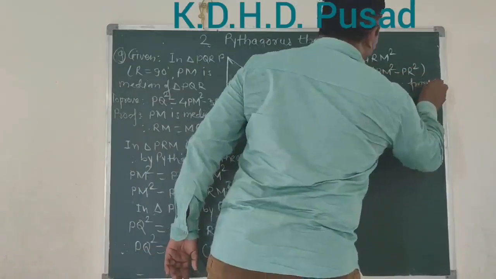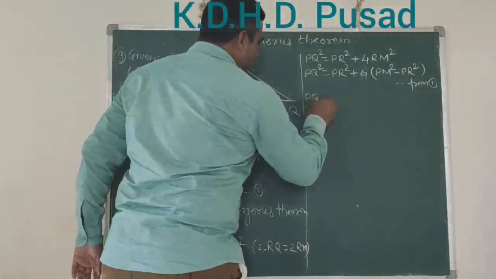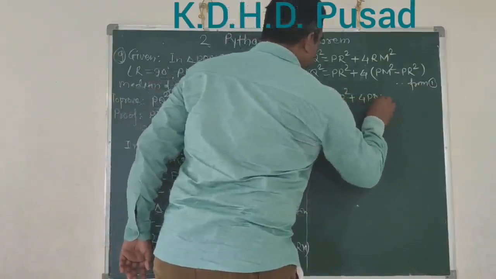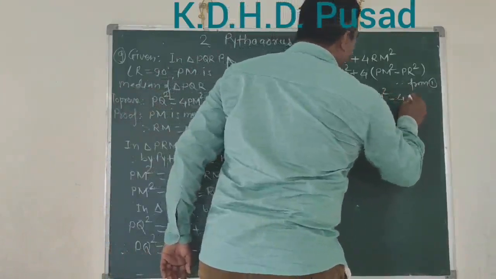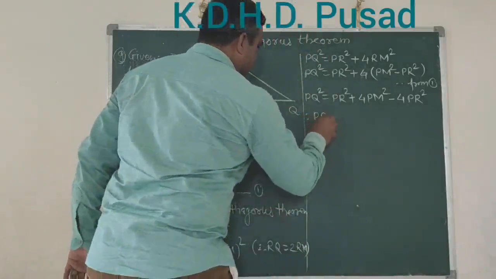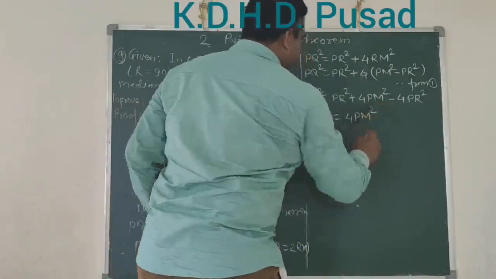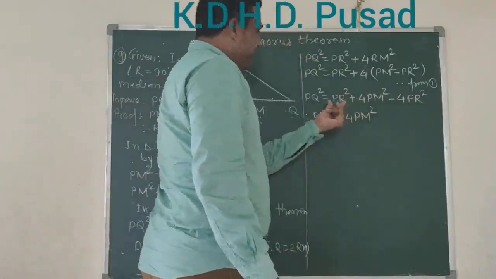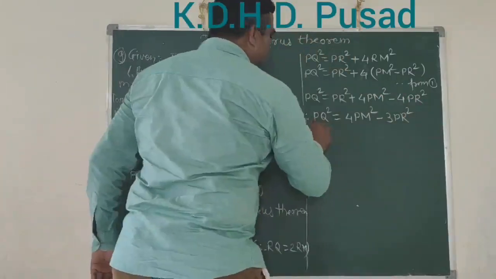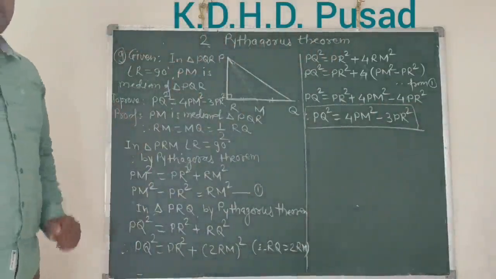So if we simplify this, we will get PQ square is equal to PR square plus 4 PM square minus 4 PR square. Therefore, we get PQ square equal to 4 PM square minus 3 PR square. That is our required proof. So in this way we put that one.